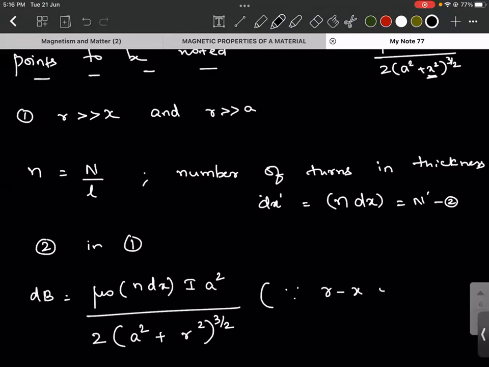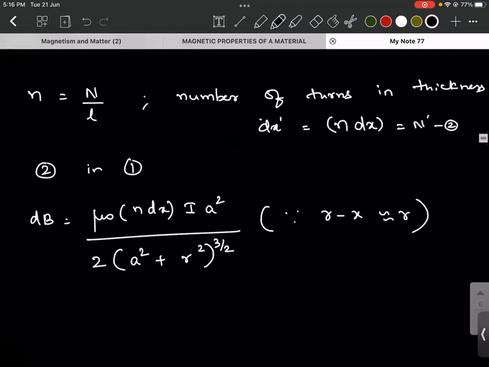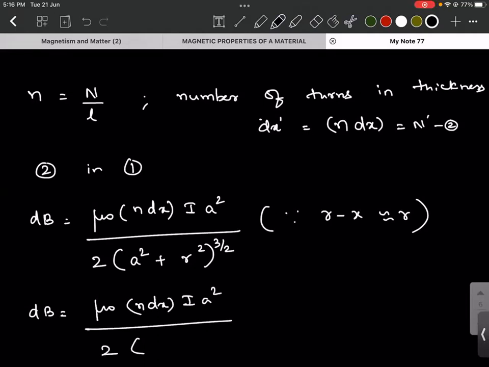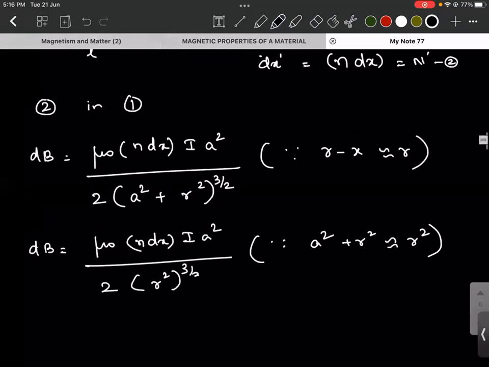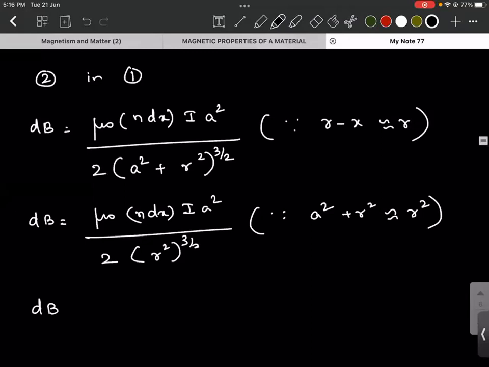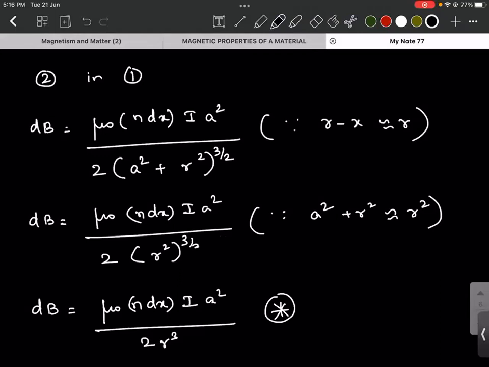Next, dB equals mu naught small n dx I a square divided by 2 into r square the whole power 3 by 2, since a square plus r square can be approximated to r square. So dB will be equal to mu naught small n dx I a square divided by 2 r cube. This is the value of dB.